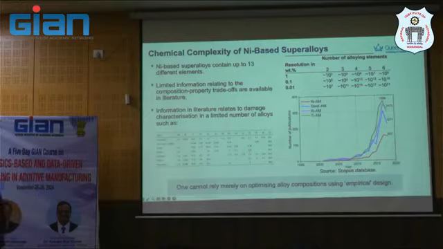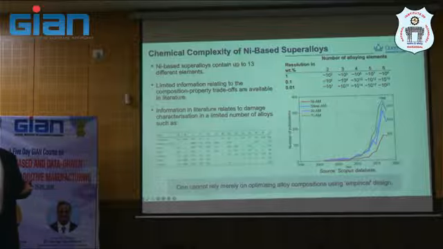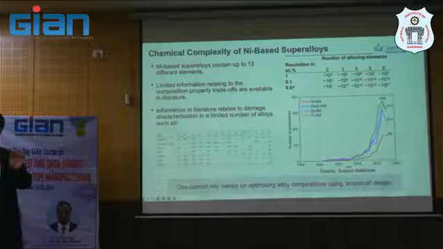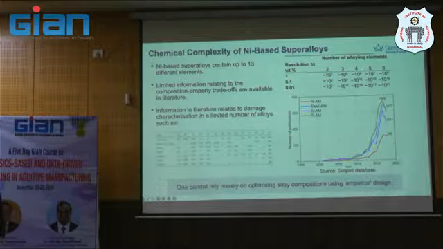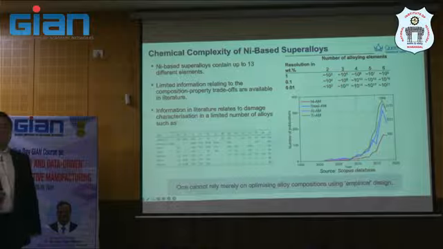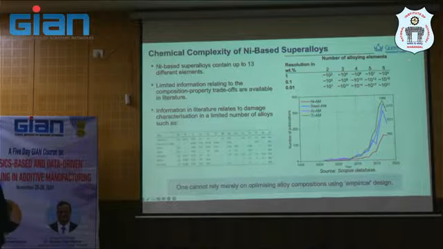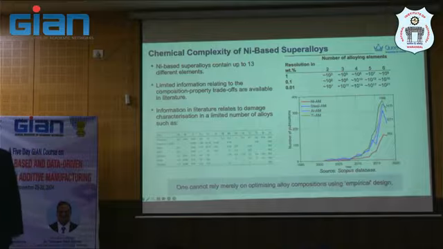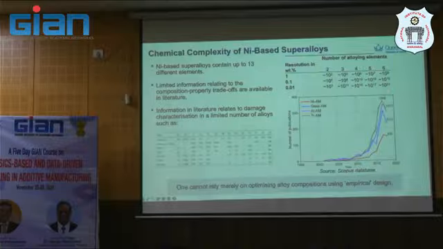But again, because in nickel-based superalloy 0.01% is significant to the property, you may end up with 10 to the power 21 compositions. How can we deal with this? I mean, this is already big data for me, if not 100 trillion. I think this is more than a trillion, several trillion compositions.